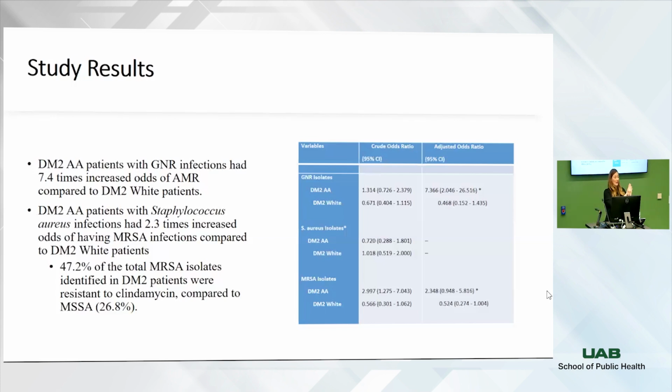So in hopes of publishing this data, it gives some indication to providers that are treating diabetic patients here. Hey, if I have an African American patient that has a diabetic wound or an infection, I'm going to maybe want to start off with a second-line agent and not a first-line agent because their risk of having resistance is so much higher. And then that's going to get that patient healed and out the door, hopefully faster.